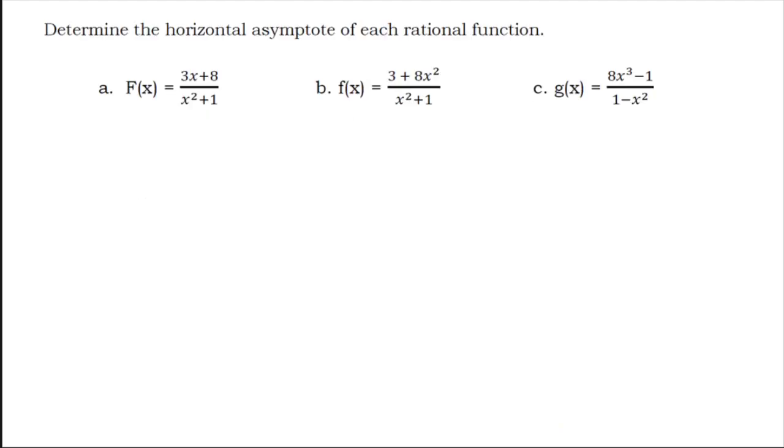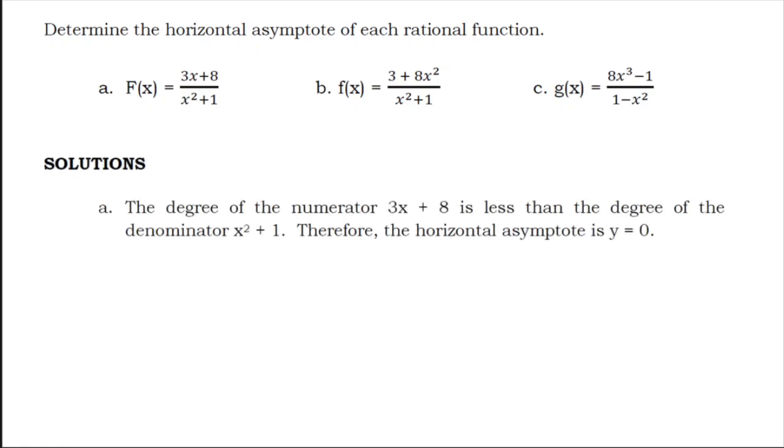Example in determining the horizontal asymptote of each rational function. For problem A, f of x is equal to 3x plus 8 over x squared plus 1. For the solution of problem A, the degree of the numerator 3x plus 8 is less than the degree of the denominator x squared.